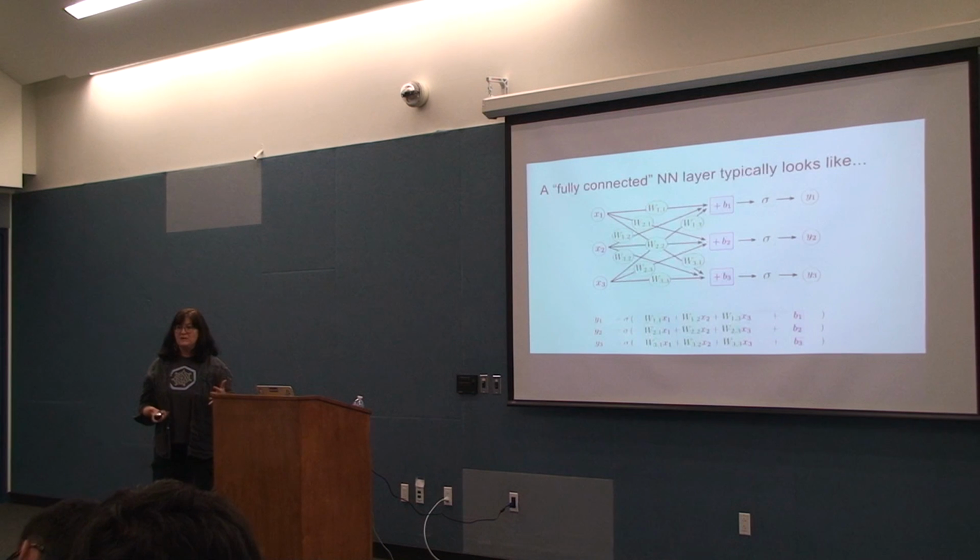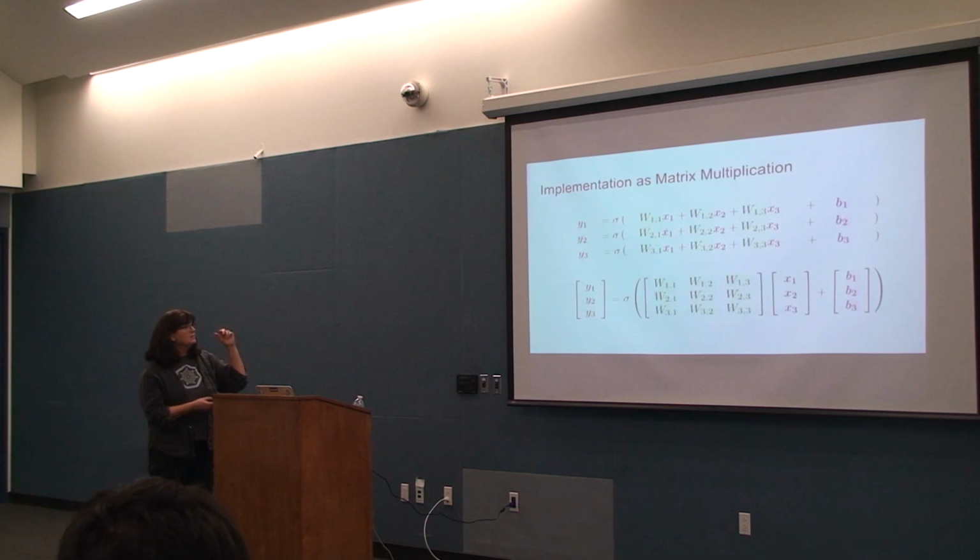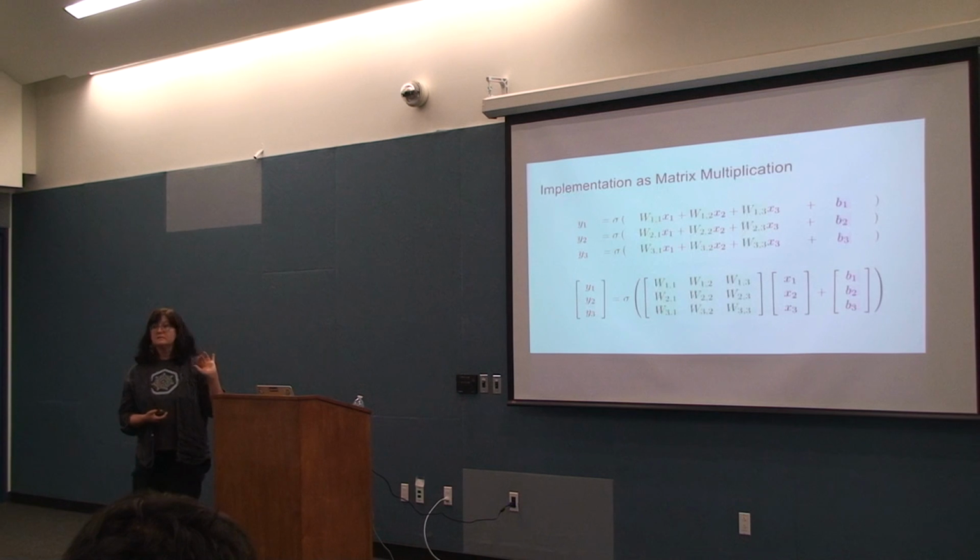People just found that expressing and learning both those things, as well as often applying a transformation, gives you better results. That's just what people typically do with neural nets. Again, each layer is going to be a matrix operation that looks like this.